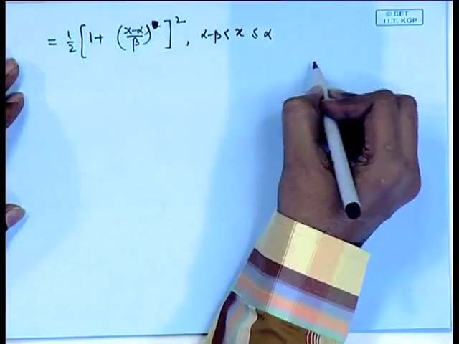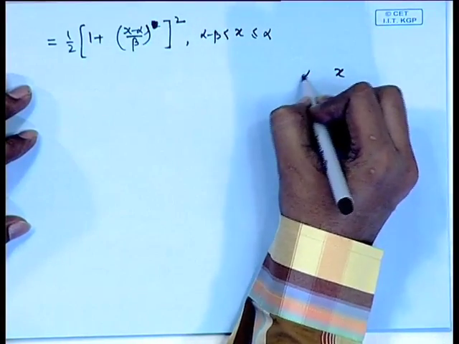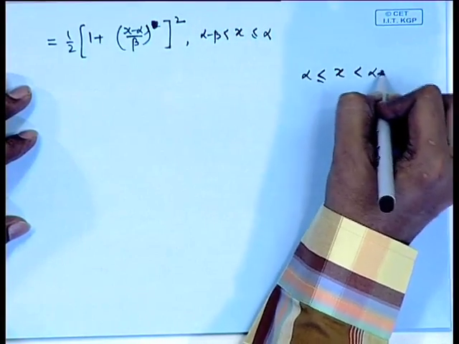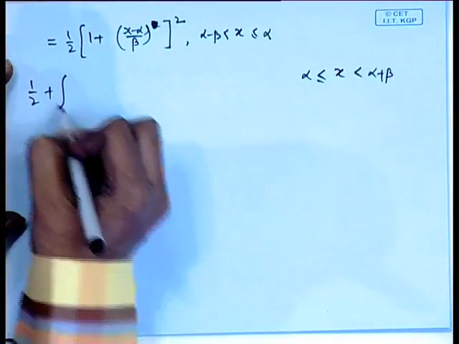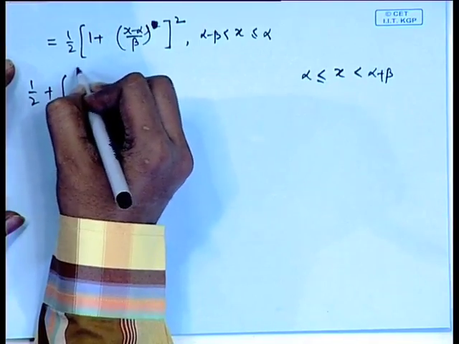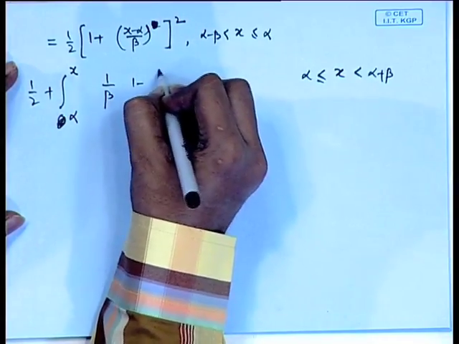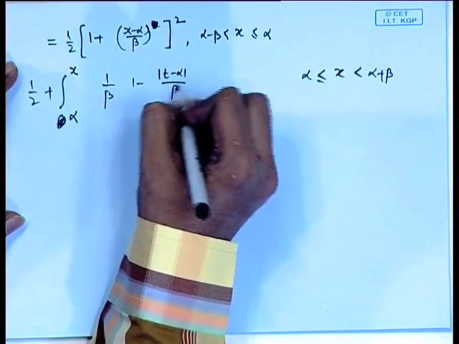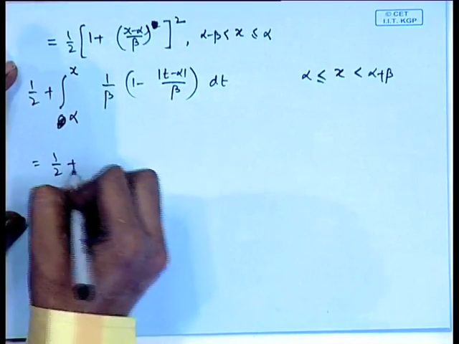So, if I am choosing a point x to be greater than or equal to alpha, but less than alpha plus beta, then this will be the integral, half plus the integral from 0 to x of 1 by beta times 1 minus modulus of (t minus alpha) by beta dt.